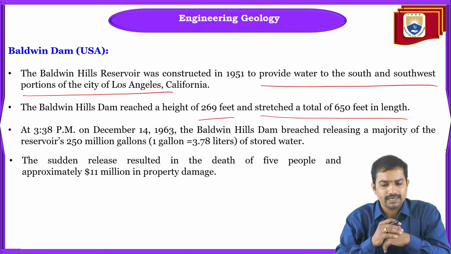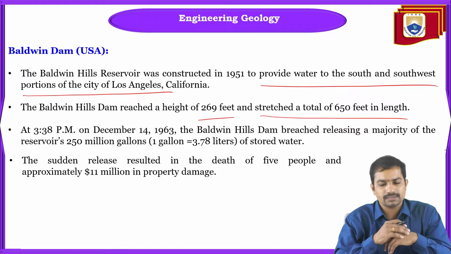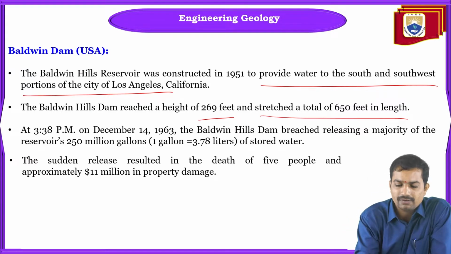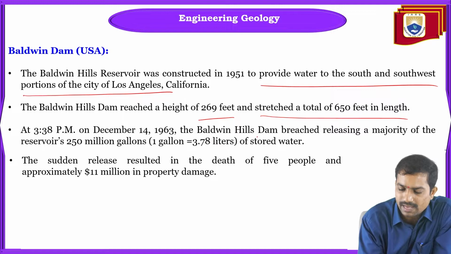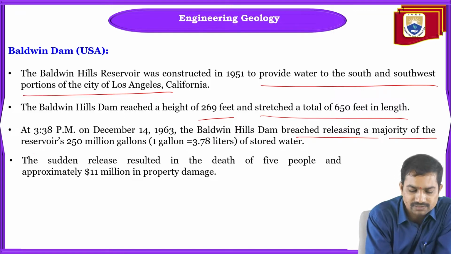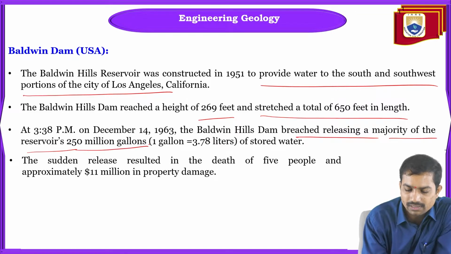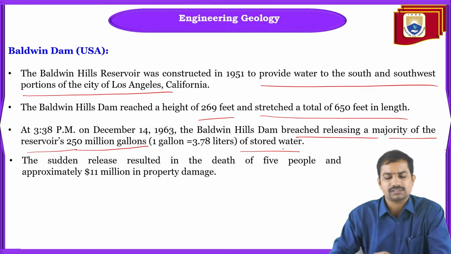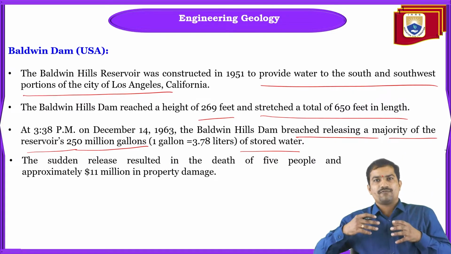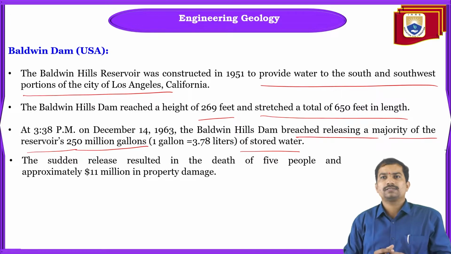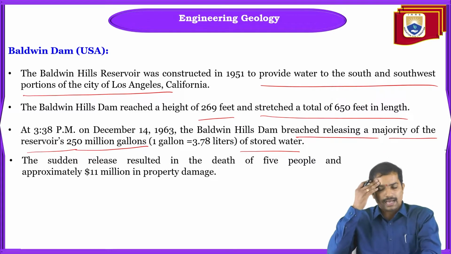At 3:38 p.m., in December 1963, the dam breached, releasing a majority of the reservoir's 250 million gallons of stored water. The sudden release of huge water resulted in the death of 5 people and around 11 million in property damage.